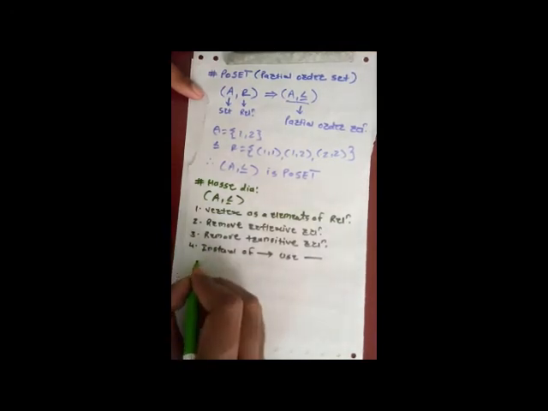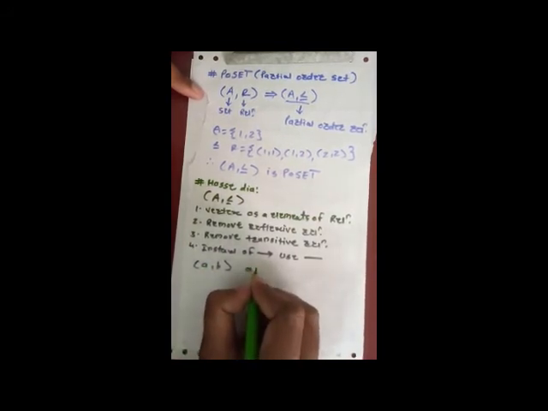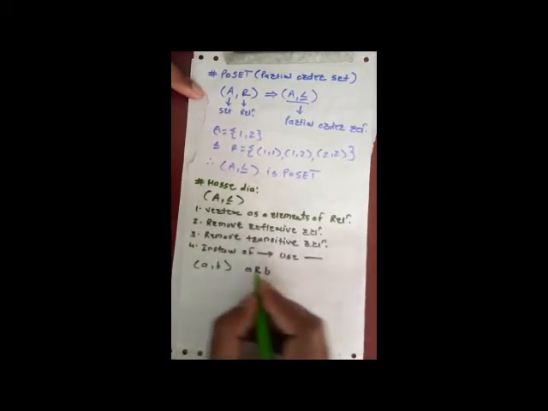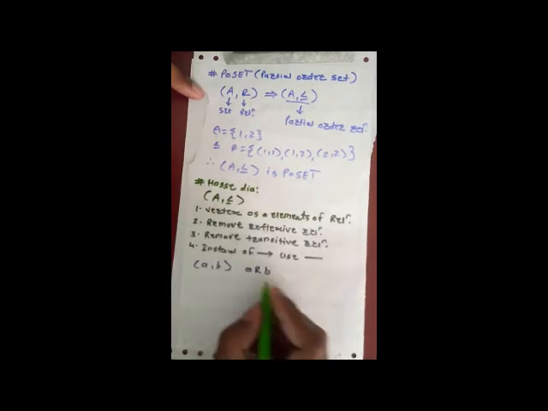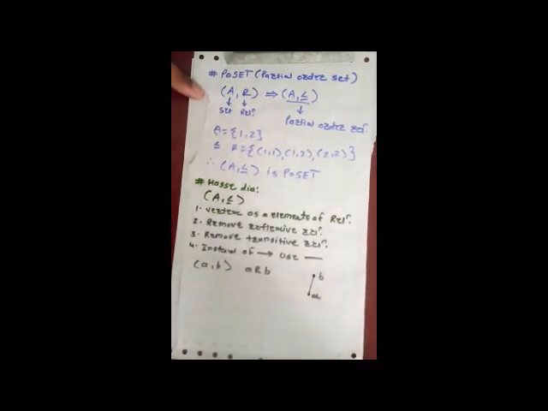In that case, if there is a pair A comma B, meaning A is related to B, then while drawing the Hasse diagram we have to draw A at the lower level and B at the upper level. It indicates A is related to B.